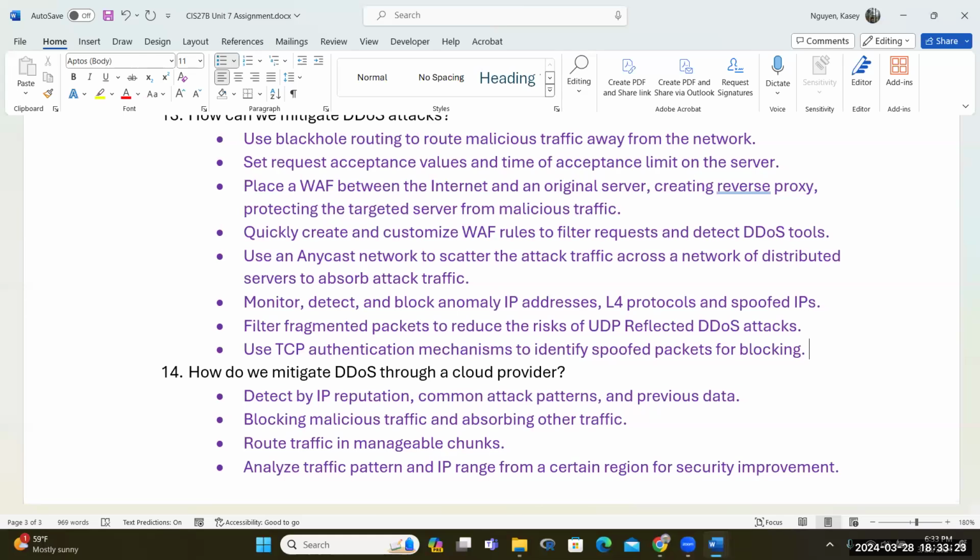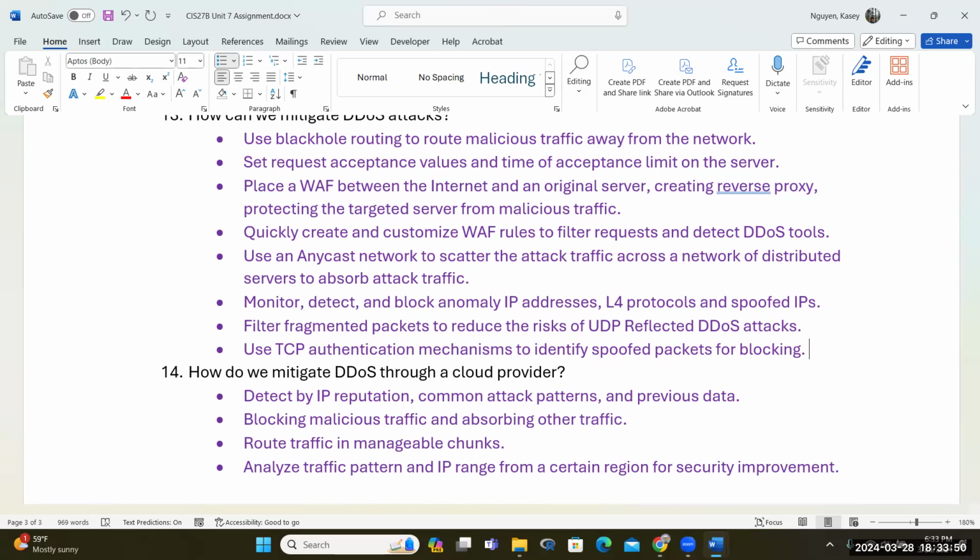Most companies would use cloud services, right? So we can detect by IP reputation, also based on common attack patterns, and based on historical or present data that we have for our infrastructure.